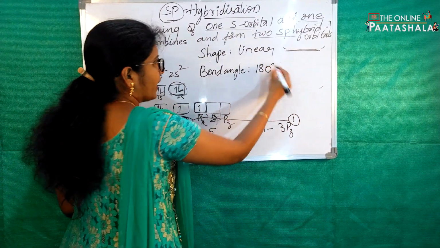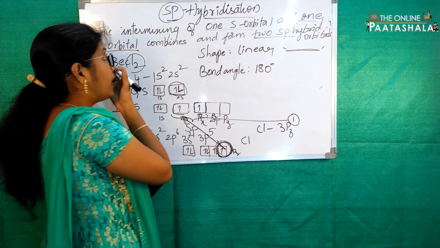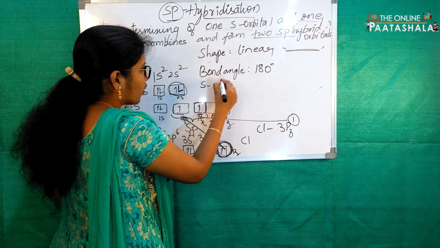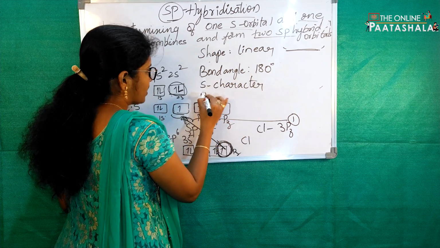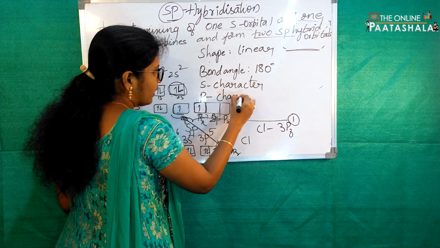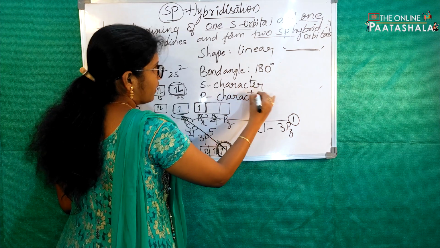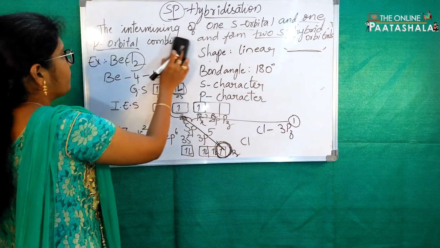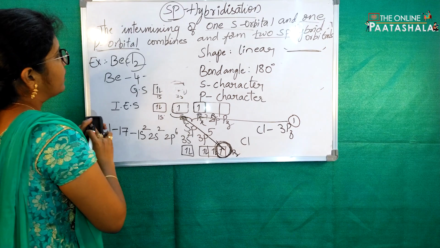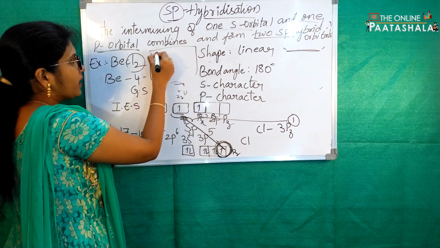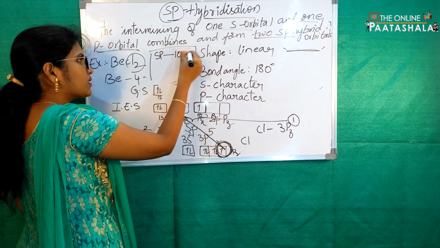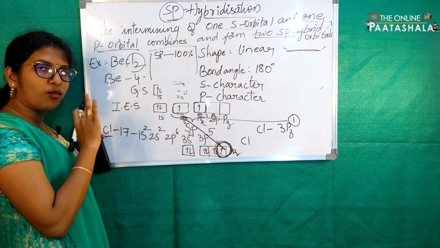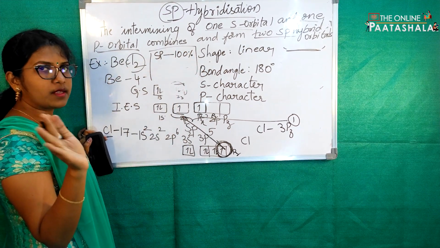And now we'll see what is the s character and how much is the p character. In a rough way, think sp is 100%.